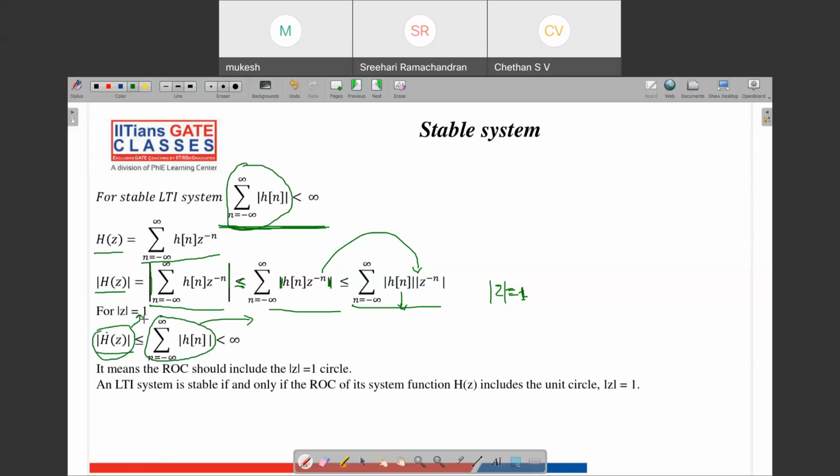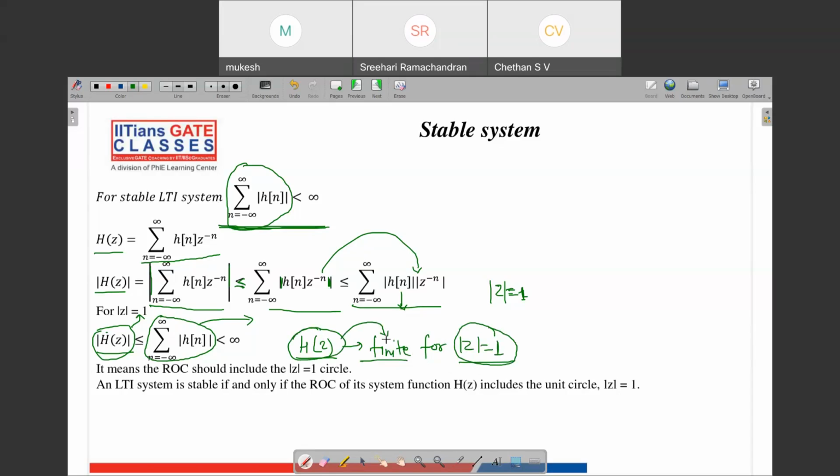So for a stable system, H of z will be finite for z equal to 1. And since H of z is finite for z equal to 1, it means that z equal to 1 is a part of the ROC. That's why for z equal to 1 we are getting H of z as some finite number.